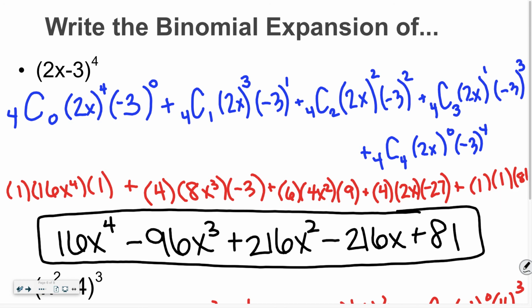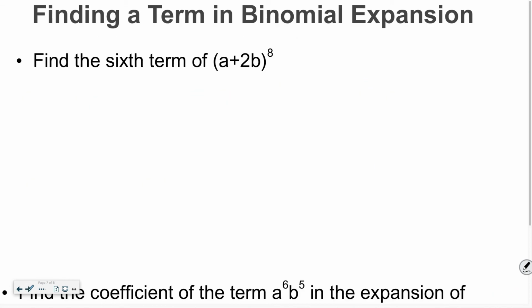So our first term is something choose 0. In this case, our first term would be 8 choose 0. Our second term, 8 choose 1. So our sixth term is going to be 8 choose 5.